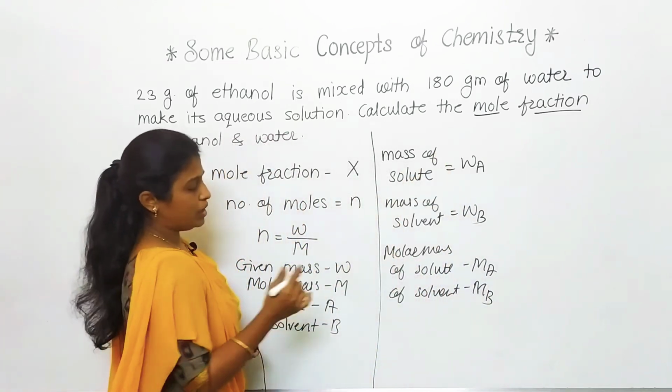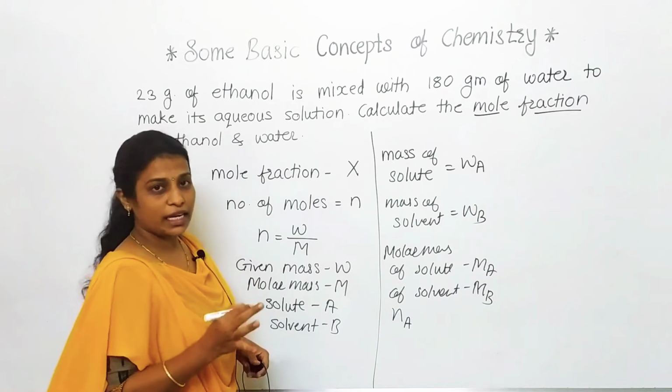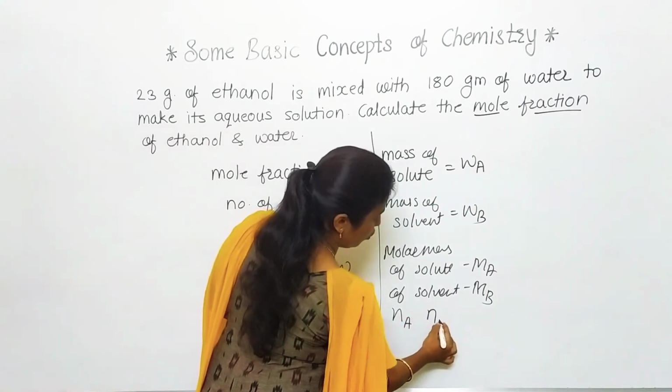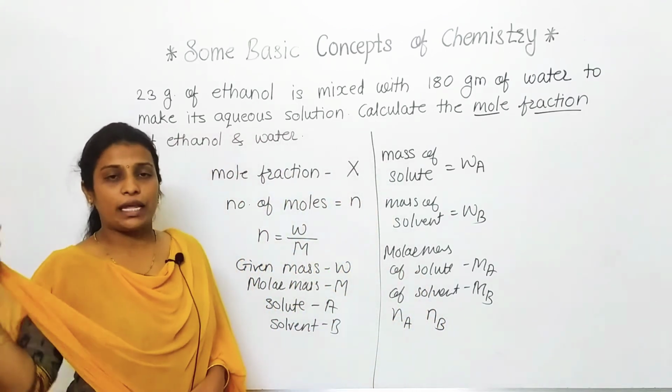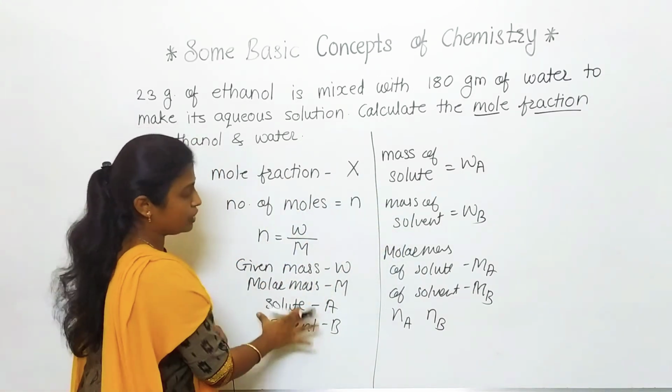So these are the symbols. After that, the number of moles of solute is Na, and the number of moles of solvent is Nb. You should know all these terms.